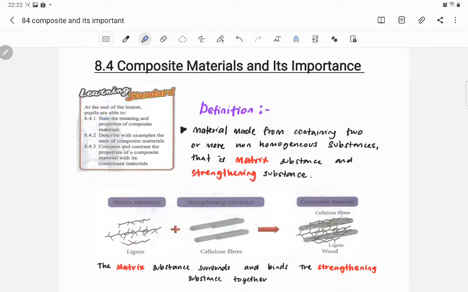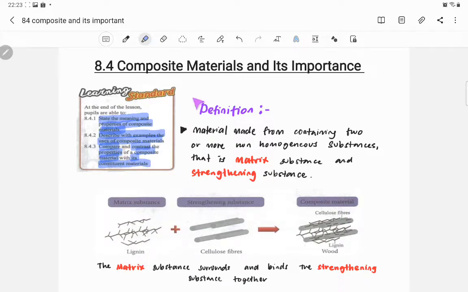At the end of the lesson, students are able to: 8.4.1 state the meaning and the properties of composite material; 8.4.2 describe with examples the uses of composite material; 8.4.3 compare and contrast the properties of composite material with its constituent material.